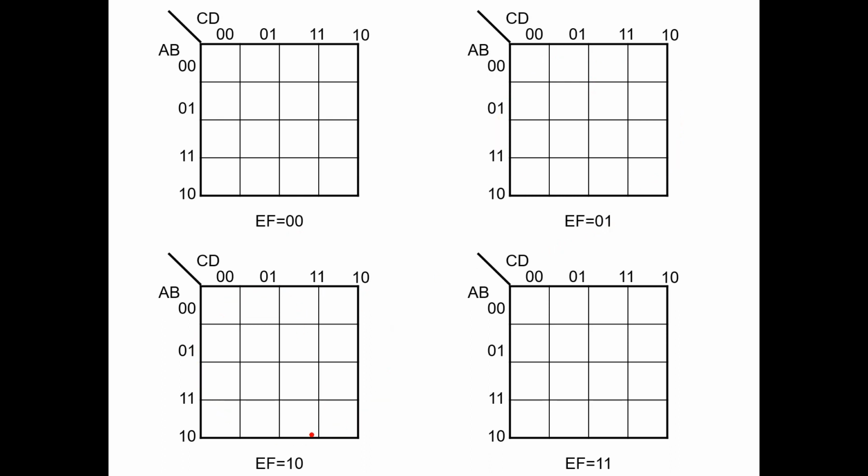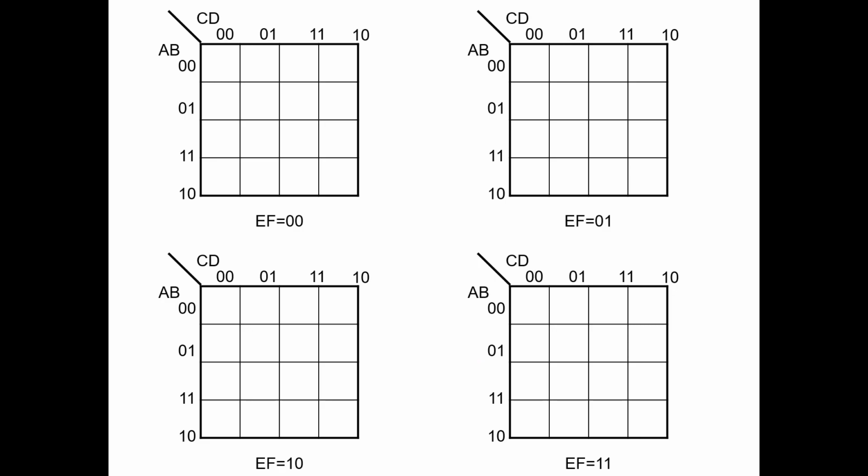These 16 cells have 1, 0, and this is 1, 1. Note this group and this group are one bit different in E. This group is one bit different in F. This group and this group are one bit different in E. You can do the arrangement like this.